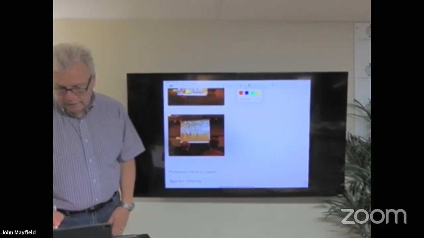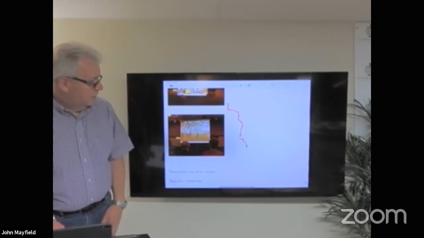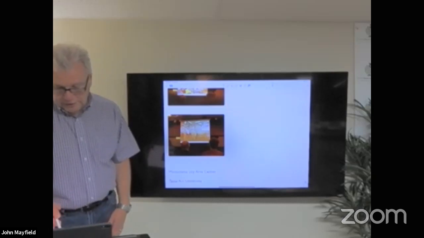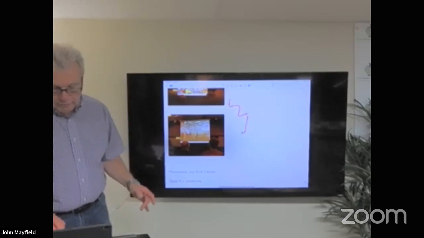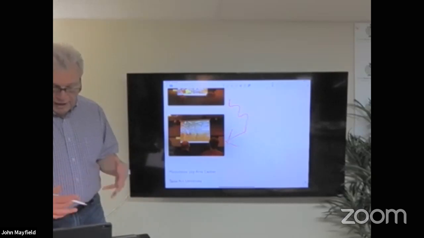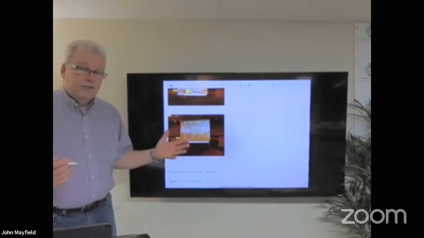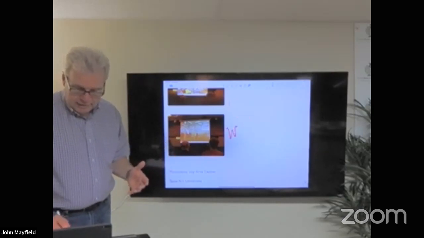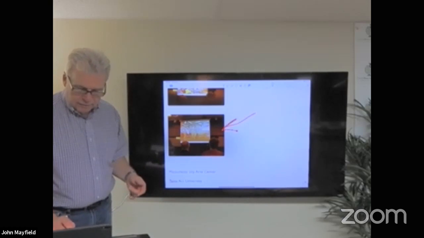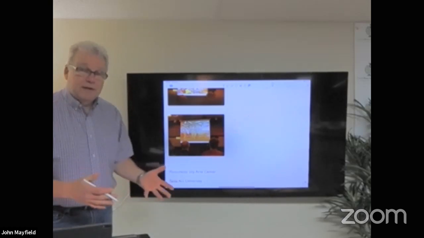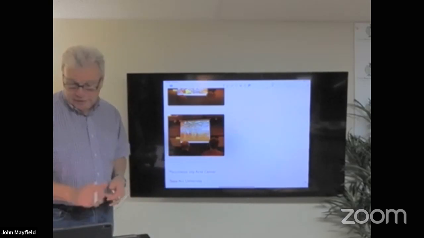Oh, I have to turn the laser on. So it gives you a laser there of what you're drawing, if you want to do that. Which might be nice in presentations, because I can write on the screen, or sometimes in a presentation I want to make note of a certain thing and then have it go away. That's a pretty cool feature. I didn't know that was there.